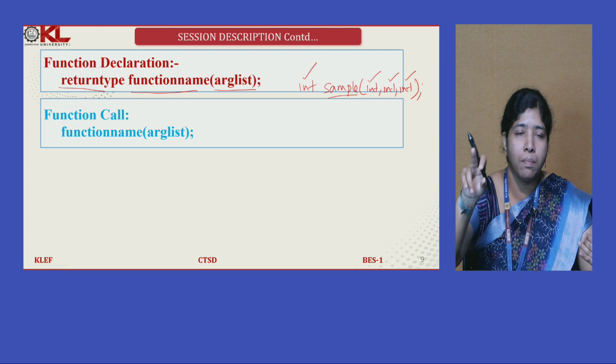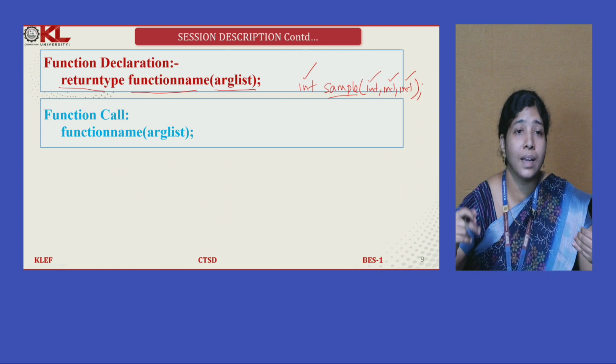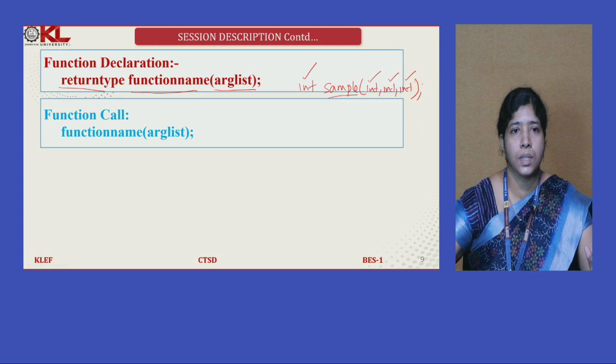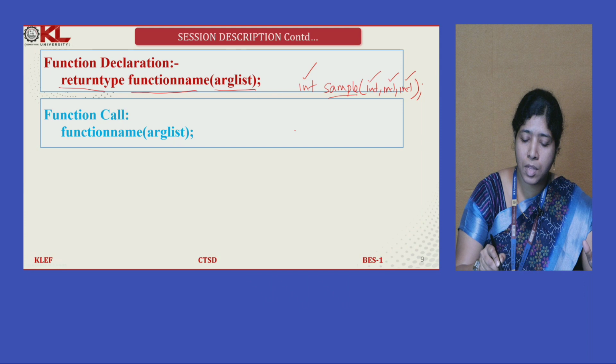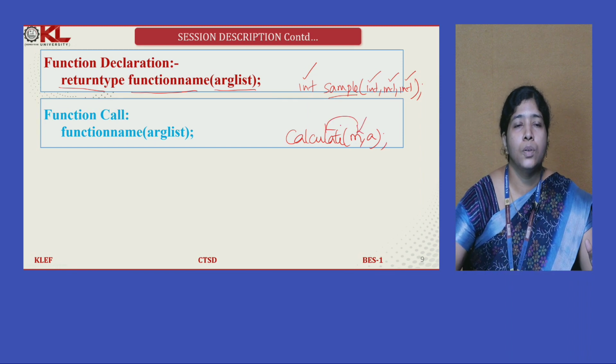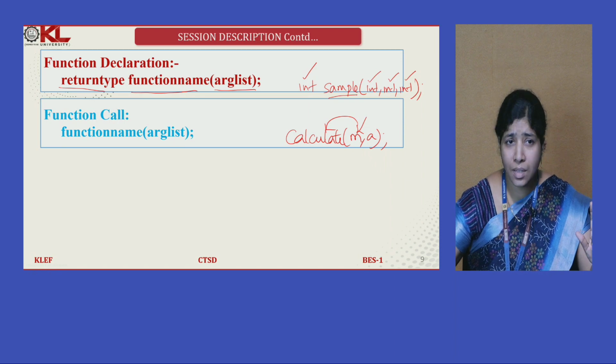You just make the switch on. That is known as your function call. We'll see with inputs or without inputs. You have seen something like calculate in the previous example, where you have given m comma a. That means take these inputs and send them to this user defined function. This is the second one.